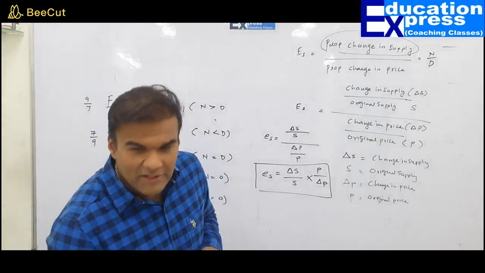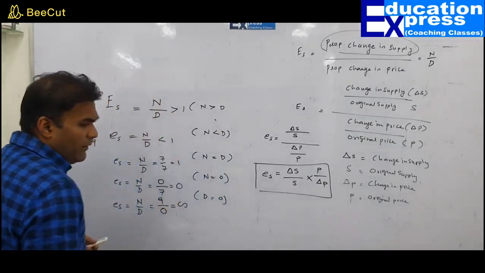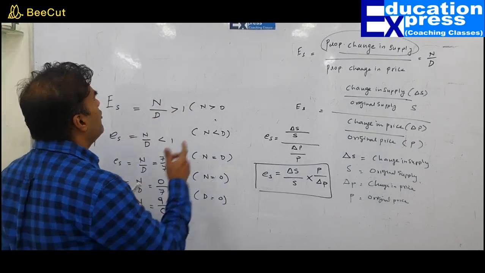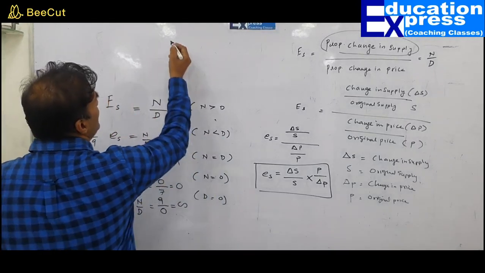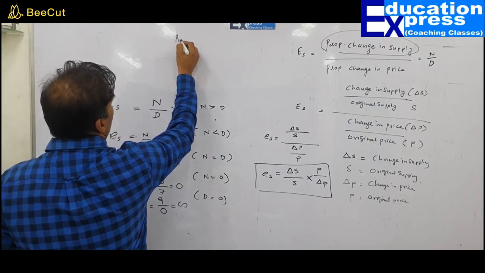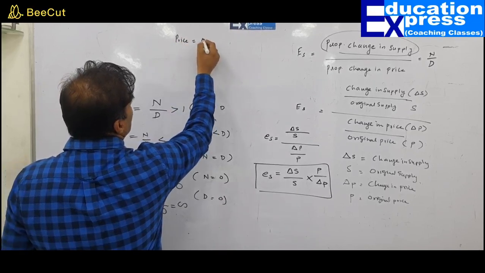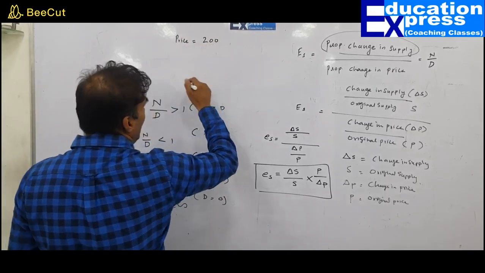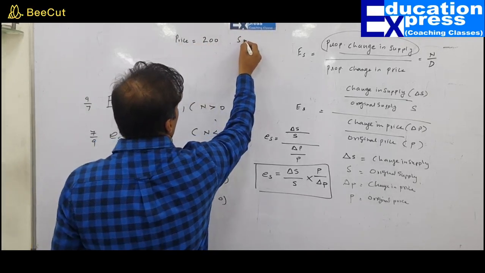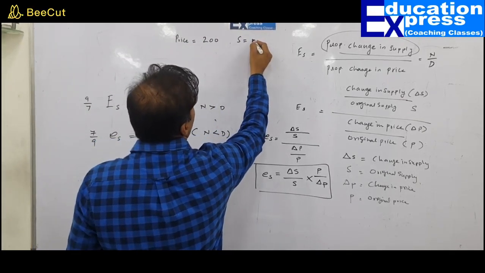Let us do this with the help of a simple example. Let us say the price of pizza is 200 rupees. At that time, the total supply of pizza was 100.